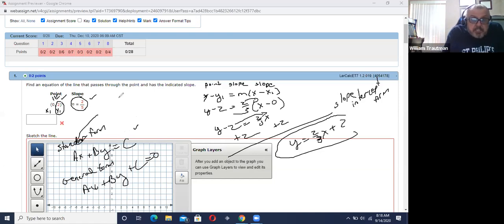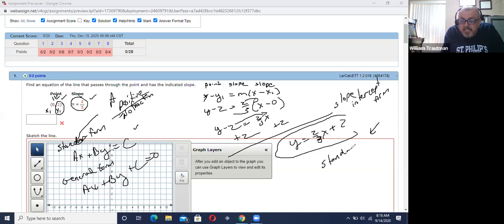In both of these, the coefficient in front of x must be positive, and no fractions are allowed. No fractions. So can somebody type in, ooh, this is a tough one, the standard form for this?